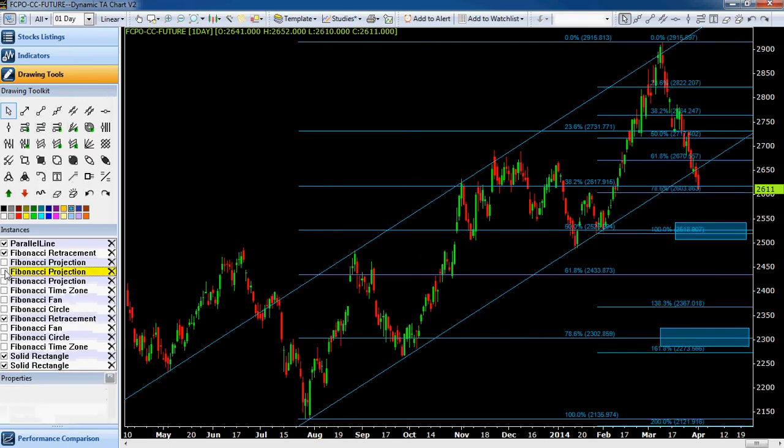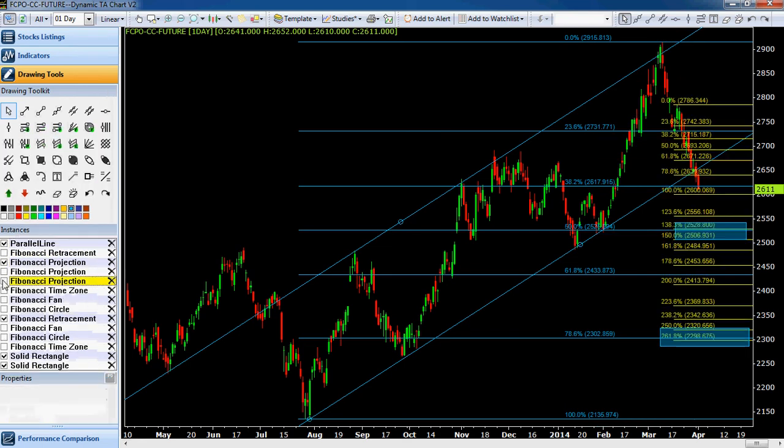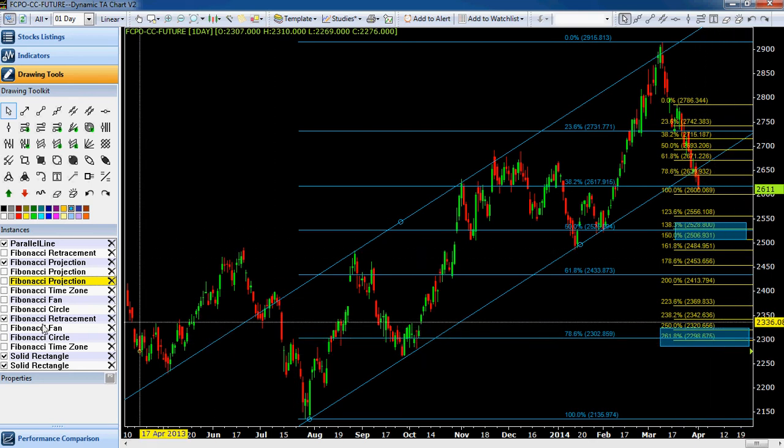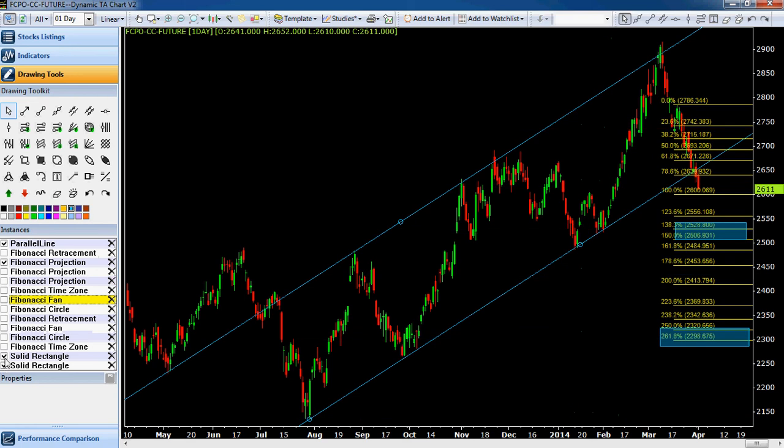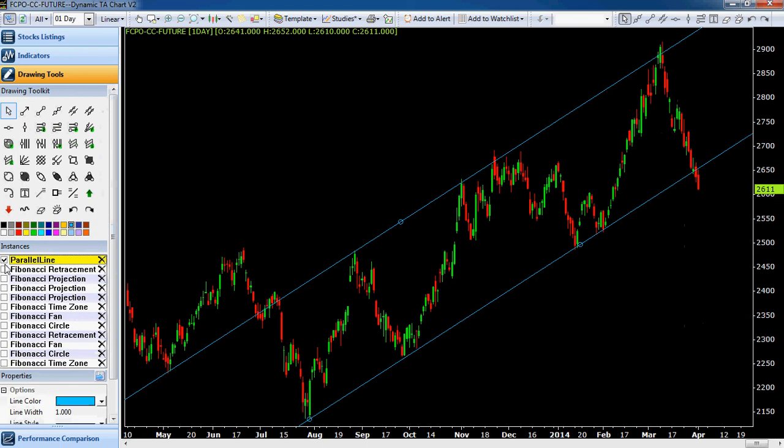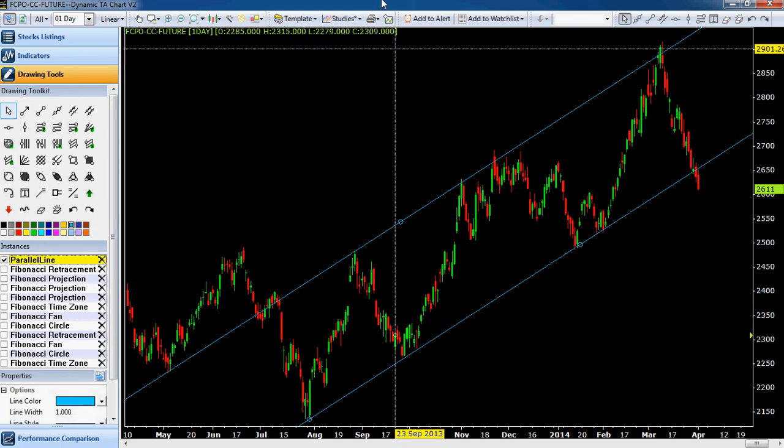If you put back the Fibonacci projection, you also see a cluster formation at 50% and 261.1%, which is the same level over here. So hopefully in the next coming trading session the support level at 2600 does not break, then we will have a temporary short-term bull run that we are expecting to be around a 500 point range or more, and we can design a strategy to capture this short-term bull run.